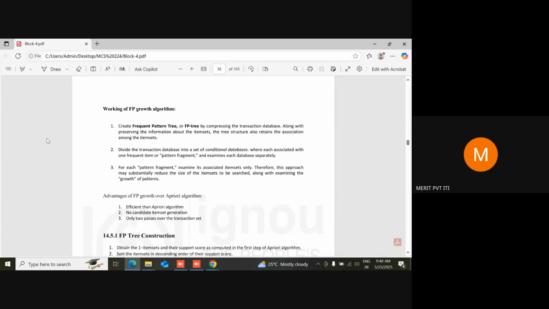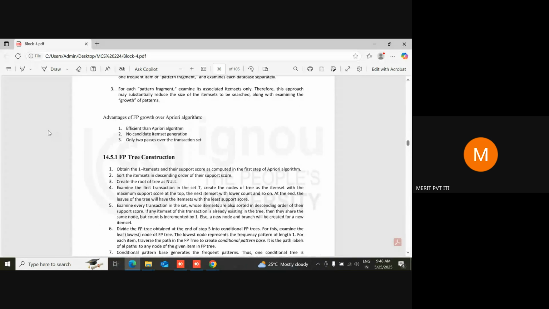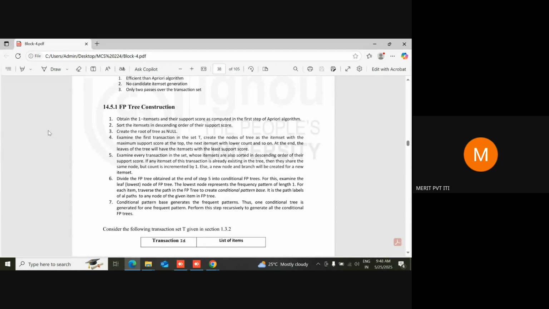That's what is done. So in FP tree construction, you obtain the one item sets and their support scores as computed in the first step, sort the item sets in descending order of their support score, and create the root of the tree as null, and so on.